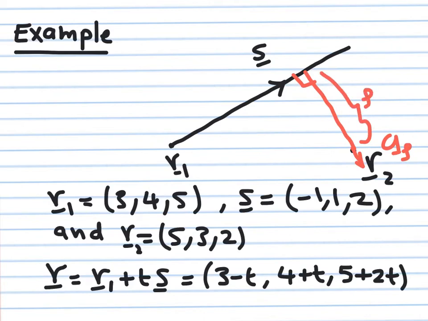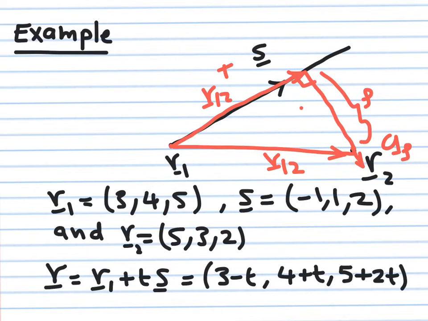So the way of doing it, as explained before, we're going to connect R1 and R2 to get the vector R1,2. And then we are going to decompose this vector into two components. This vector here will be called R1,2 tangential. And this one here, the normal one, is called R1,2 normal. Okay? So this is what you see happening here.